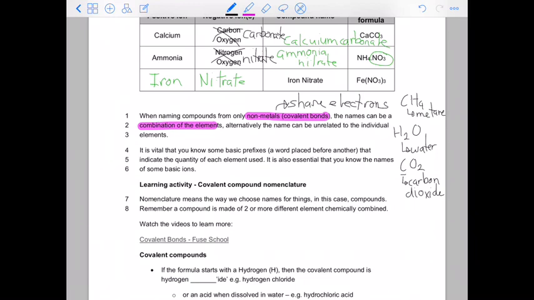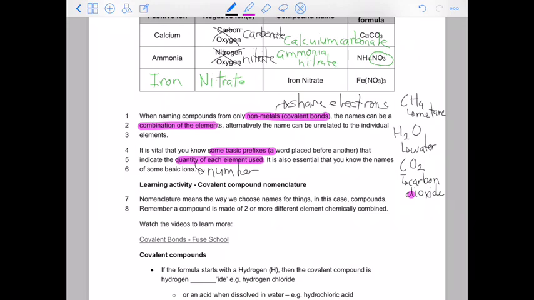One thing you need to know are the basic prefixes that indicate the quantity of each element used. A prefix is anything we put before a word. For example, where we talked about the dioxide, the quantity is the scientific term for number.